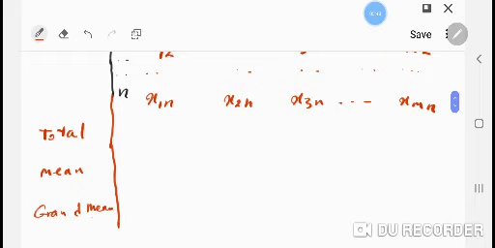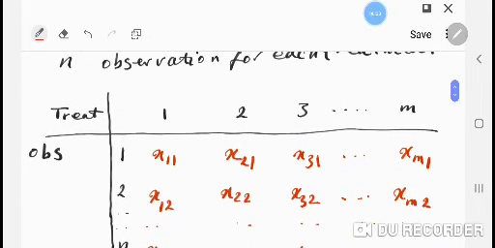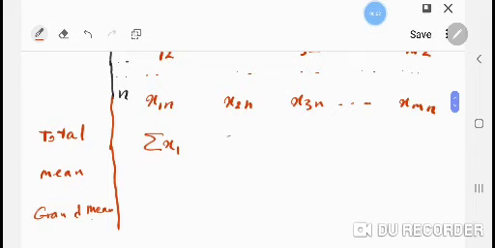I fill in this table. Total is sigma x1 for column 1, sigma x2 for column 2, sigma x3 and sigma xm.